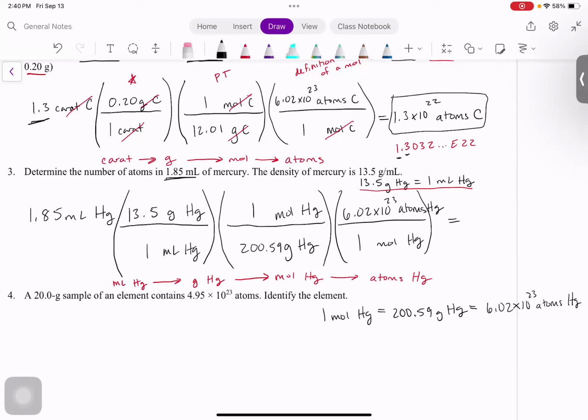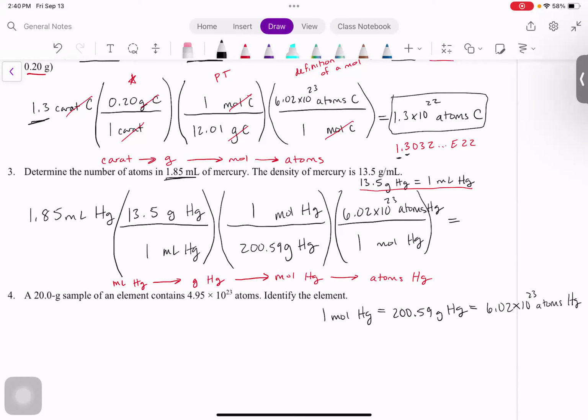We converted from milliliters to grams using the density. We convert from grams to moles using the molar mass, and we convert from moles to atoms using the definition of a mole. So I'll do 1.85 times 13.5 divided by 200.59 and times 6.02 times 10 to the 23rd.